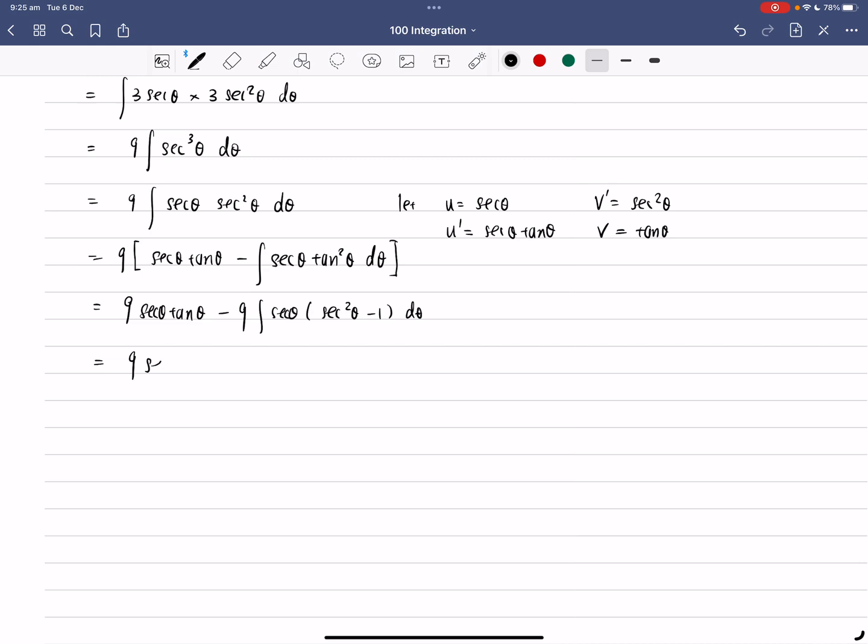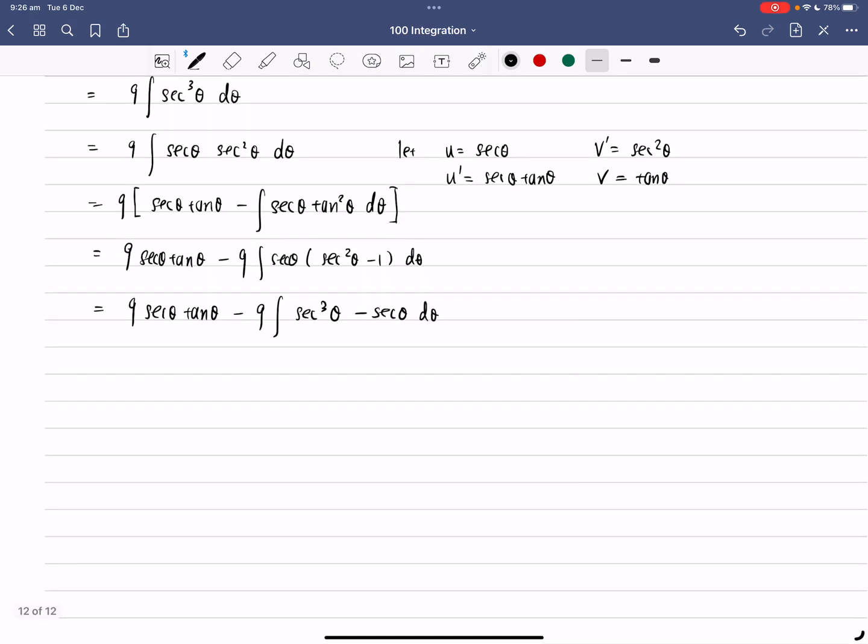So that gives you 9 secant theta tangent theta minus 9 times the integral of secant cubed theta minus secant theta d theta. Let's keep expanding. We get minus 9 integral of secant cubed theta d theta. Let's separate these two integrals, so that gives you plus 9 integral of secant theta d theta.